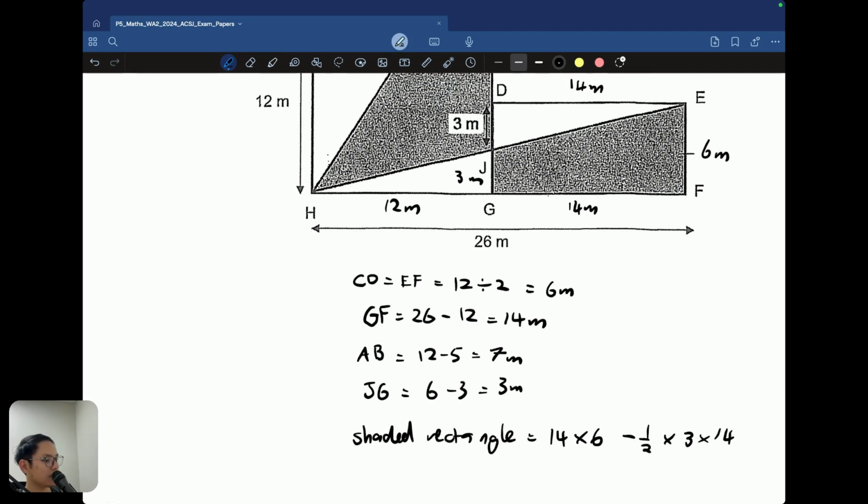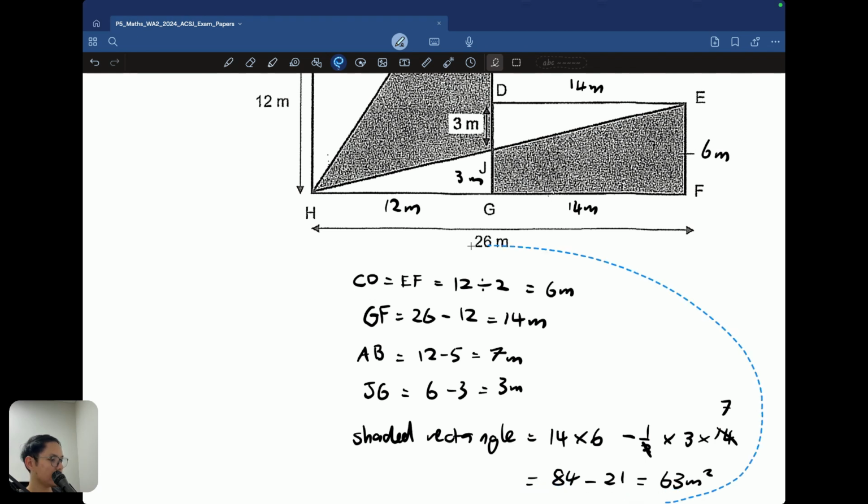Okay. So we can cancel 2 with 14. This will be 7. So 14 times 6 is 84, minus 7 times 3 is 21. And this is equal to 63 meters square. So now we know the shaded rectangle over here. So let me move this whole thing so that at least we can see over here.